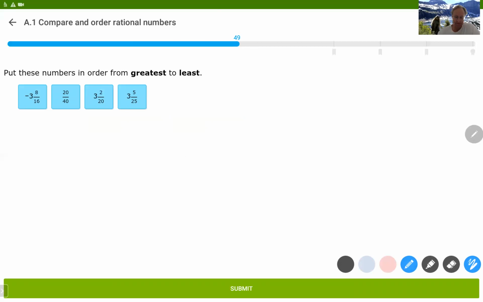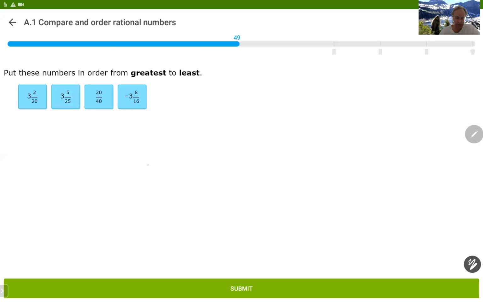Greatest to least. Okay, so we've got 3 and a little more, 3 and a little more. This one is definitely going to go last because it's least. Let me just push it last at the end. And I also have to know that that one has to be next. Now, between these two, I'm basically comparing 2 over 20 and 5 over 25.